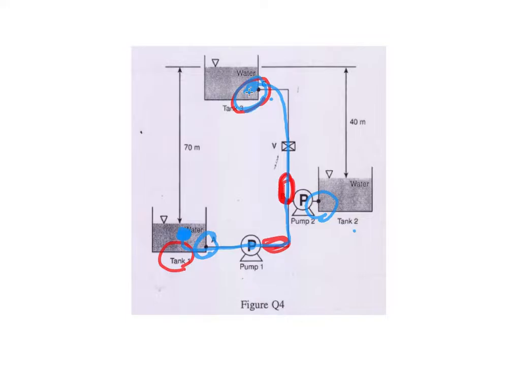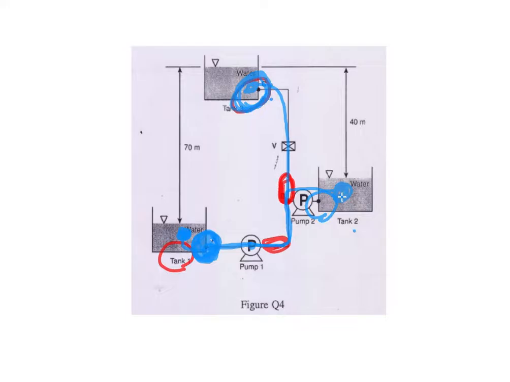So you can only compare the energy by using the Bernoulli equation from point 1 and point 3, because in this situation, the molecule of water from tank number 1 did not enter point number 2.